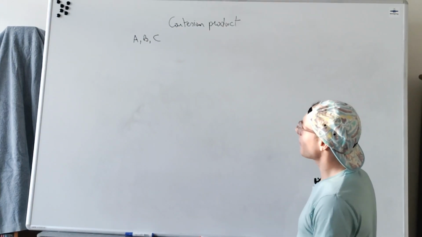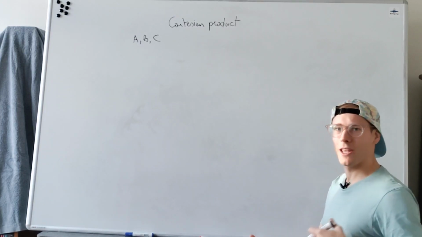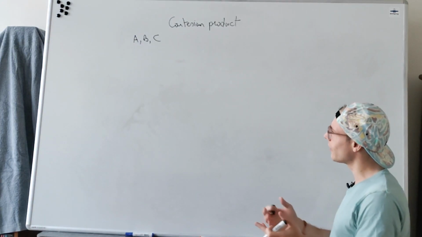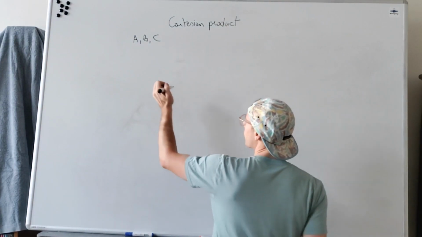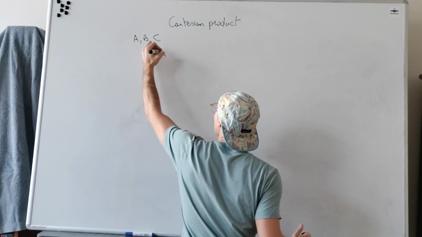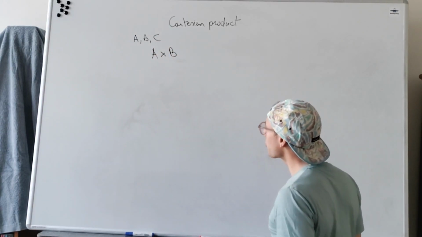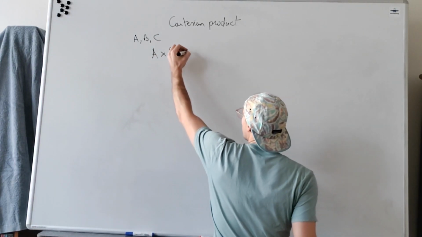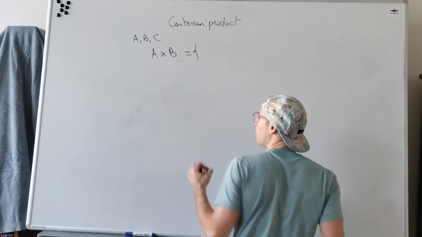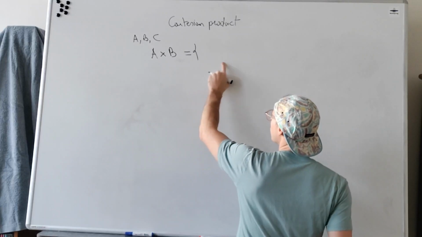Let's look at three sets, for example, A, B, and C. How can I make a third set out of them? Or not necessarily all of them. For example, I can take the Cartesian product of A and B, and I denote this by A × B. This is a set, so I will use the accolades notation to determine its elements.